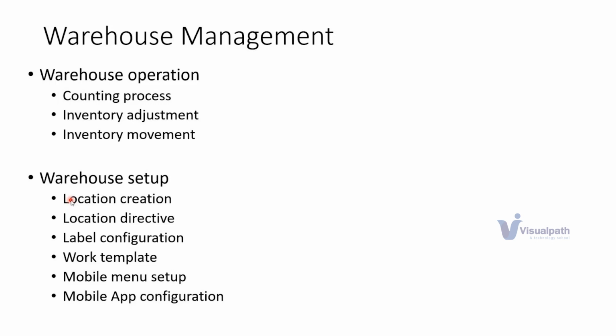Then we have the location directive. In the inbound and outbound operations, as I said, the system suggests from where the item has to be picked and where it has to be placed. The warehouse will be big with multiple locations, so how does the system know? That we define in the location directive. A location directive is a rule we define in the system stating that for this process, look into all the locations within a particular region or zone.